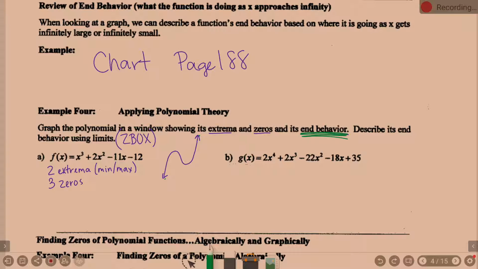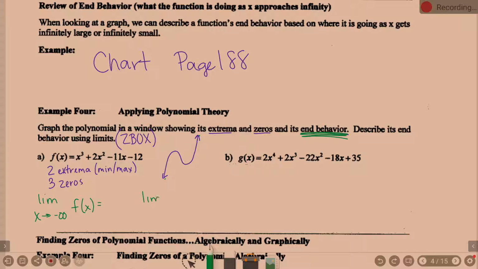And so as we talk about those limits, I'm going to write both of them out. And I should not have put myself at the bottom of the screen here, but that's all right. We'll make it work. So one limit is going to be the limit as x approaches negative infinity of f of x. And yes, you need to practice writing this because I want the whole notation.